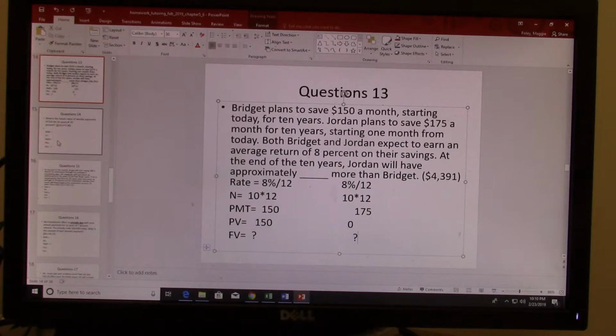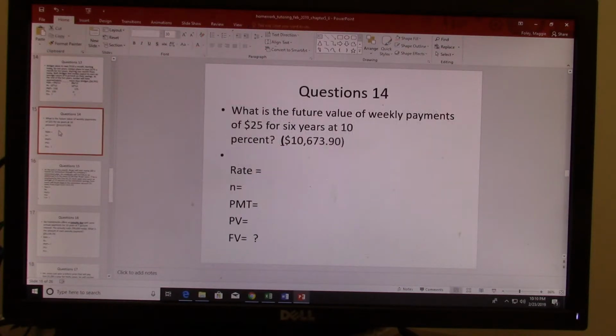Okay, so this is question number 13. Question number 14. What's the future value of weekly payment, there are 52 weeks in a year, of $25 for 6 years at 10%. Remember, this $25 is weekly payment, and 10% is the annual interest rate, but you should use weekly interest rate since the payment is weekly.